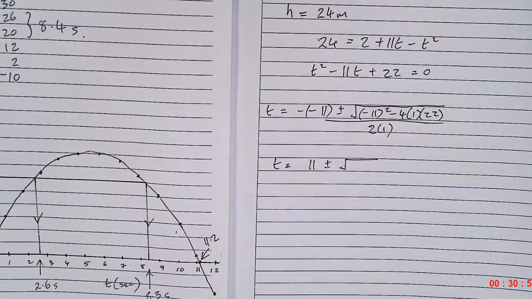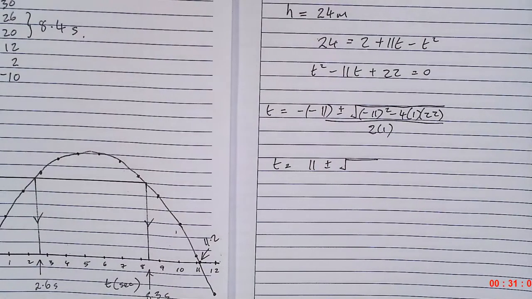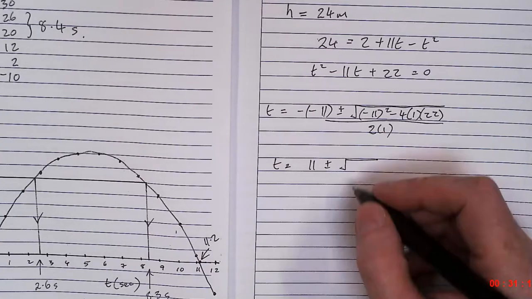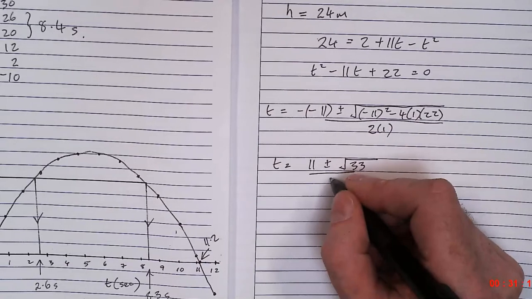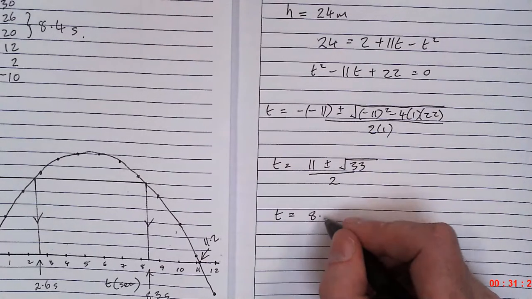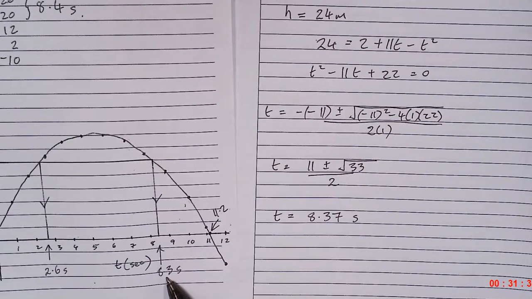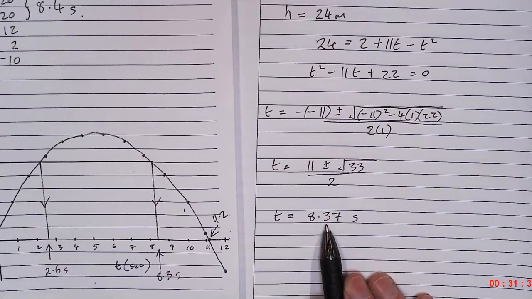Now we use the calculator. Minus, so we have to try 3. So t equals hinjig plus square root try 3, which is about 8.37 seconds.